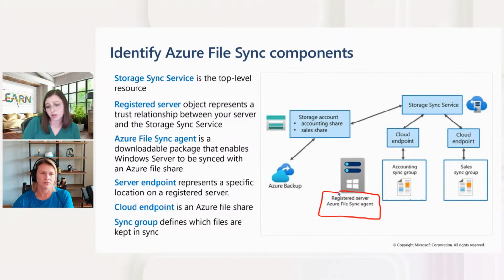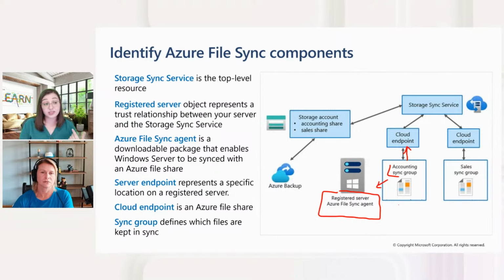So we need to authenticate to our account, and then we can send the data into Azure. So it's just mapping it. After that, we create our synchronization group, for example, for accounting, for sales, for marketing, QA, for any business purpose that we would like. And we will map it to the cloud endpoint and to the path on the server.